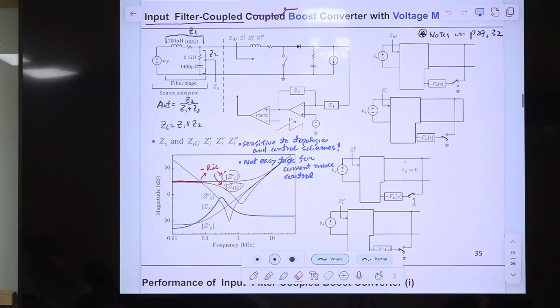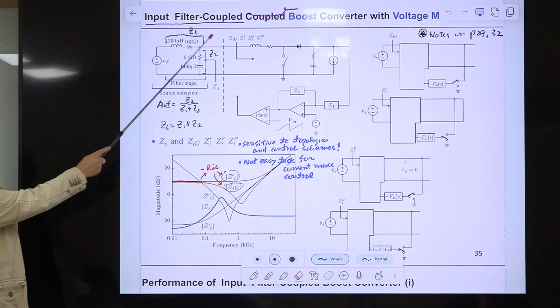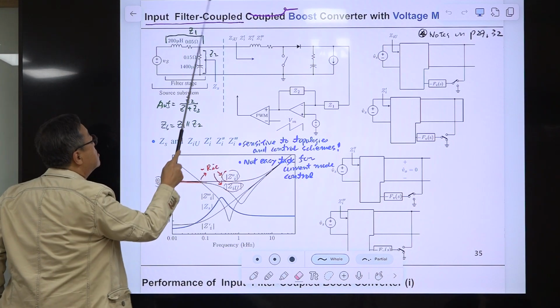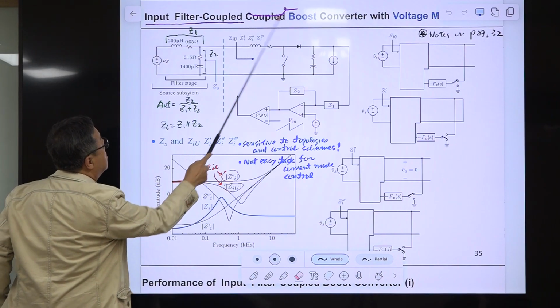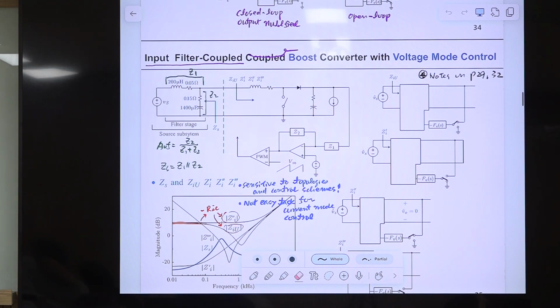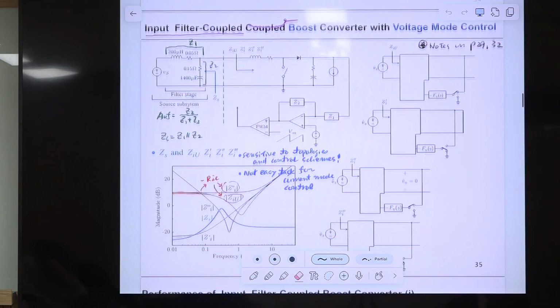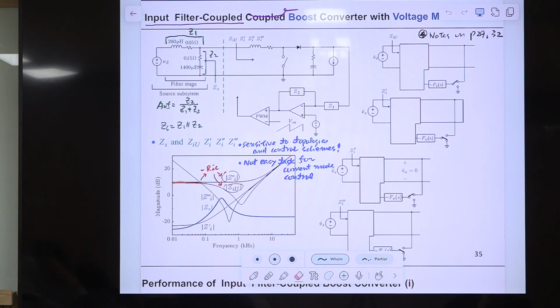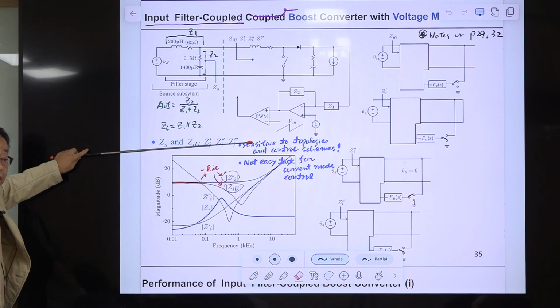This might be another typo. In filter coupled, delete this. Input filter coupled, this is unnecessary. Input filter coupled boost converter, and this control is voltage mode control. With this, we derive this. We'll derive this later. You don't have to derive this.